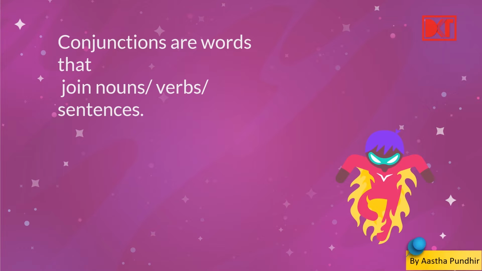Now conjunctions are words that join nouns, verbs, sentences. कितना simple meaning है. Conjunctions क्या करते हैं? जोड़ने का काम करते हैं. So conjunctions are words that join nouns, verbs, sentences. So simple.